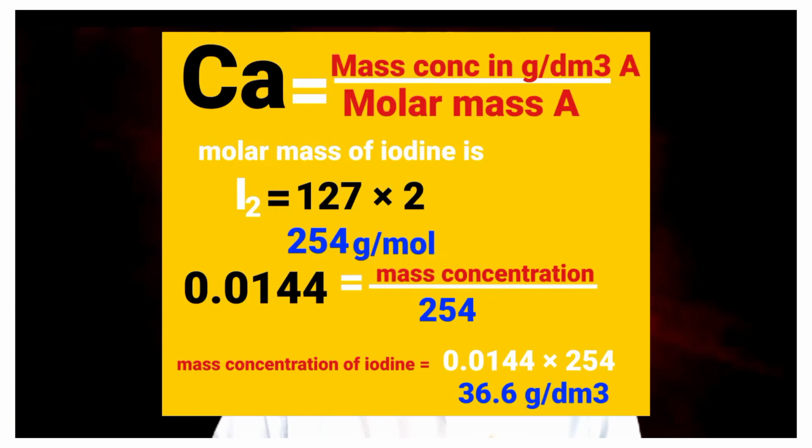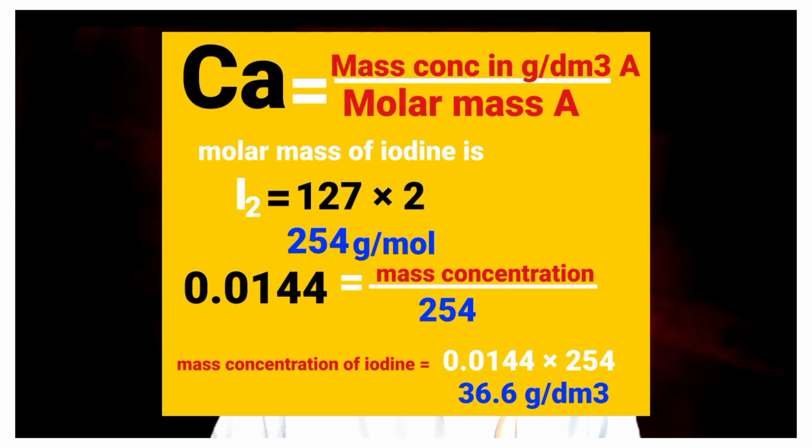And you know our Ca now, our concentration of iodine is 0.0144 mole per dm cube. So in that case, we can just put it into the formula and say 0.0144 is equal to mass concentration of iodine over molar mass.